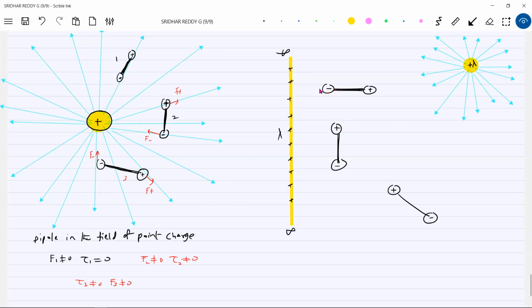Okay, now what about the first one? There's a second, third. Same condition, F1 non-zero, torque will be zero here.